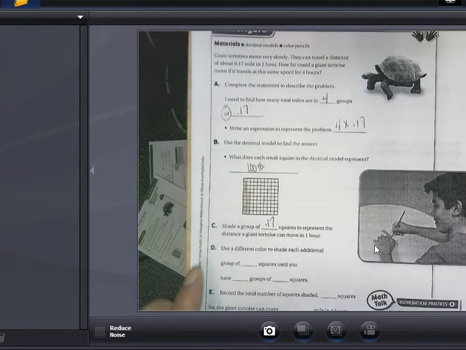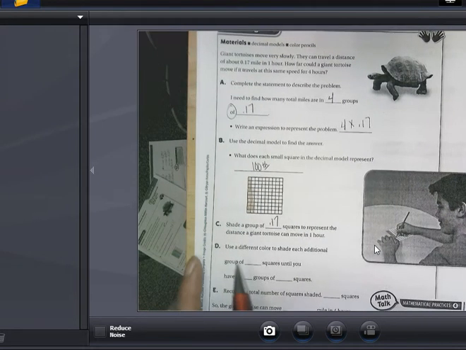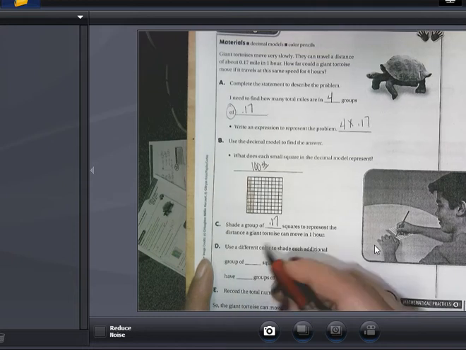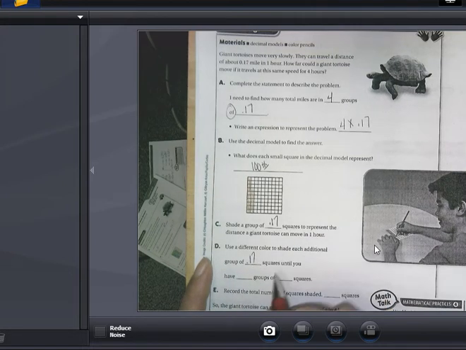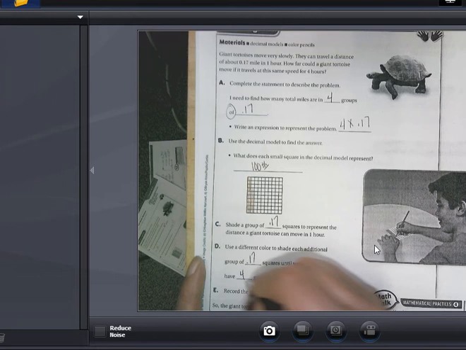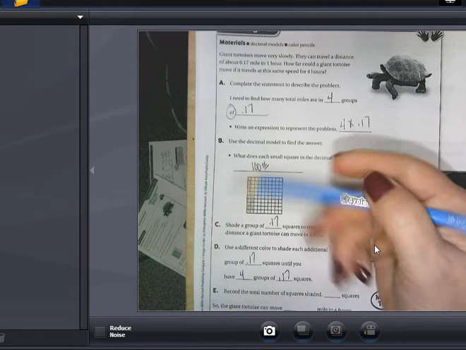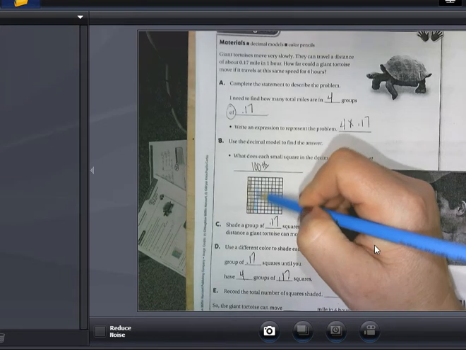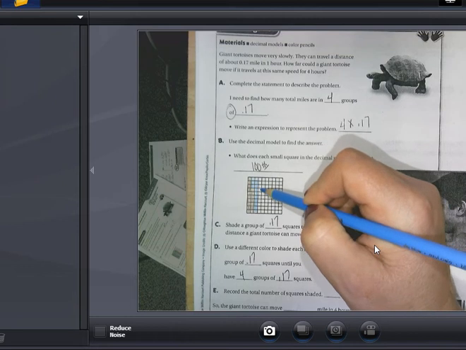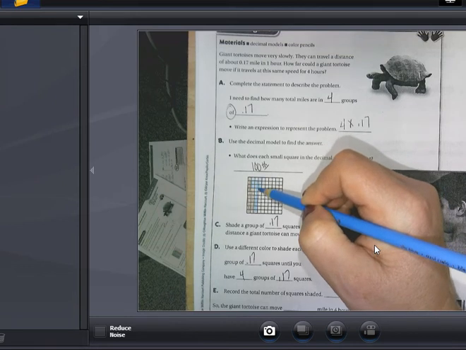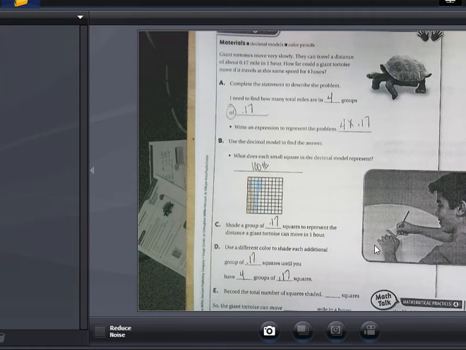So that was 1 hour. So I'm going to use a different color to do a group of 1700 squares until you have 4 groups of 1700s. Okay, so I have one group. I'm going to do another group of 1 whole, and then I have 3 here, plus 4 more is 7 hundredths. I'm going to do another whole.